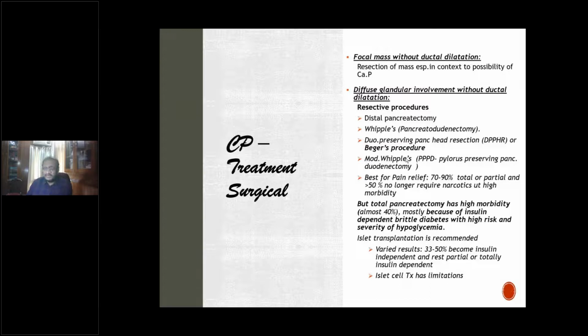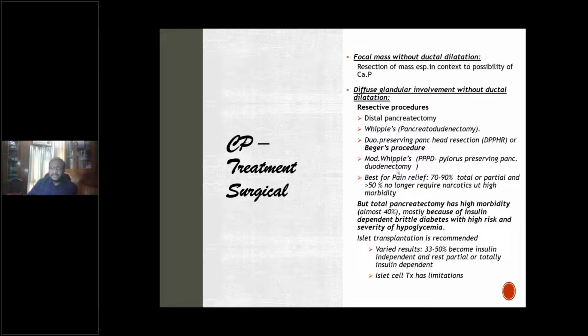And in modified Whipple's, the modification is that you do not cut the pylorus of the stomach. Why? Because the pyloric sphincter is an important part of the stomach, and if you preserve the pylorus, then that becomes an important part of the modification. That's why it's also known as pylorus preserving pancreaticoduodenectomy, right?